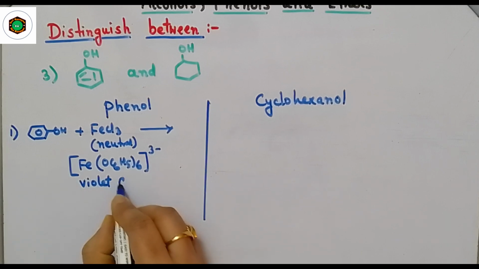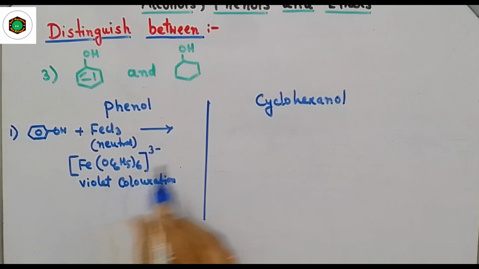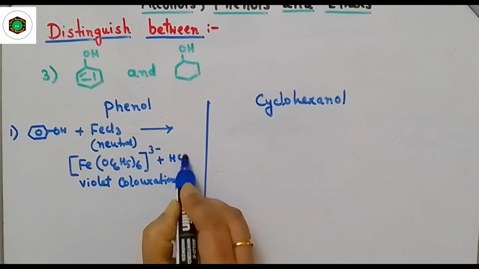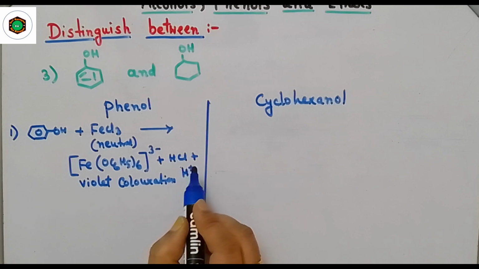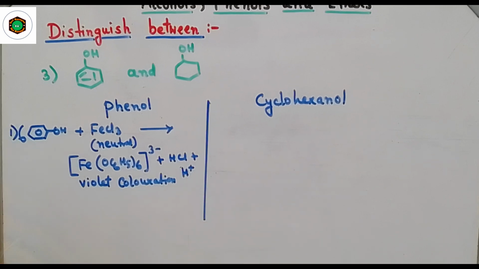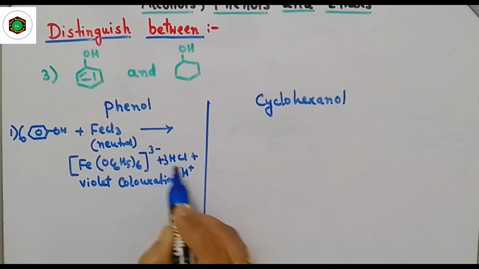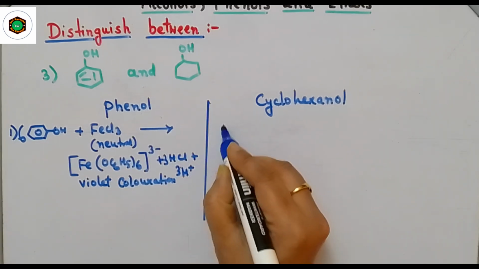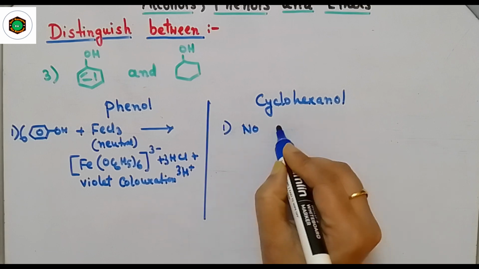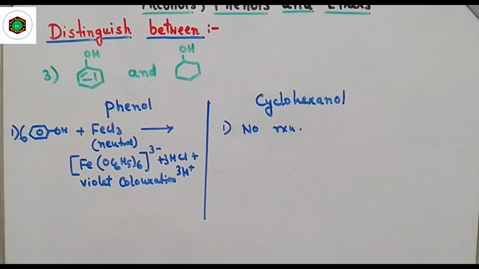So violet coloration takes place, plus HCl plus H plus. 6. So here also 6. Now here 3, here 3. But for cyclohexanol, if you treat it with neutral ferric chloride solution, there is no violet coloration.